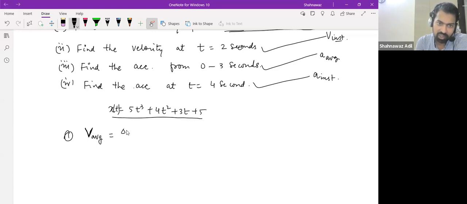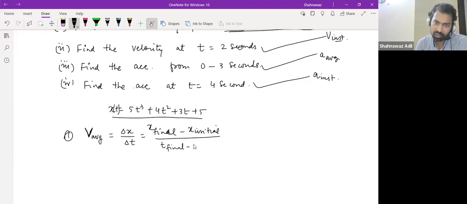So this would be delta x by delta t, right? So this would be x final minus x initial divided by t final minus t initial, right? x, not v, because we are calculating the velocity. Acceleration would be v final minus v initial.